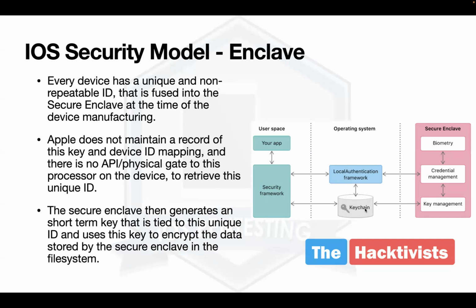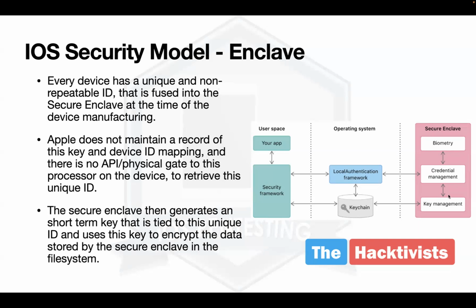If you are an authenticated user, then it will take whatever sensitive data you want, decrypt it, and show you that data in plain text. Your Wi-Fi passwords, all of those specific things will be available within the secure enclave.